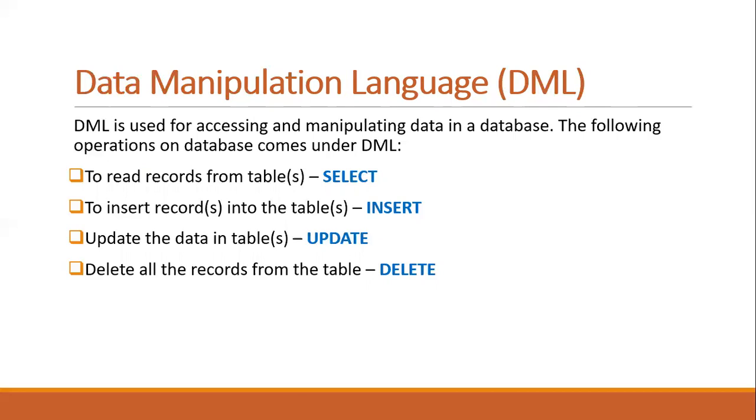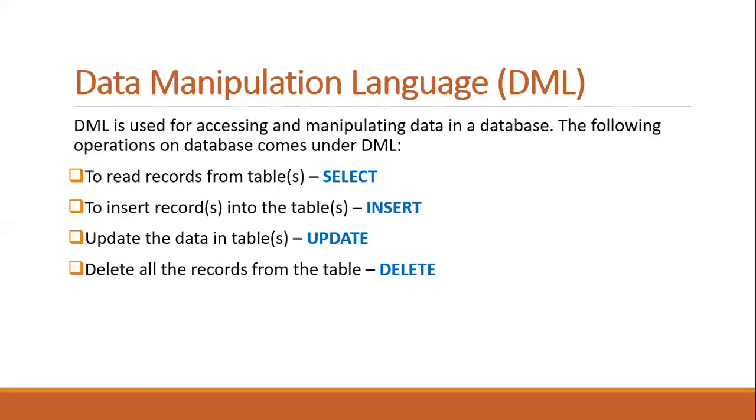The first operation is the select command. With the help of the select command, we can select or fetch a number of records from the tables. Next is the insert command. With the help of the insert command, we can insert any information in the tables. To understand this better, let's say we have a table which stores student information.